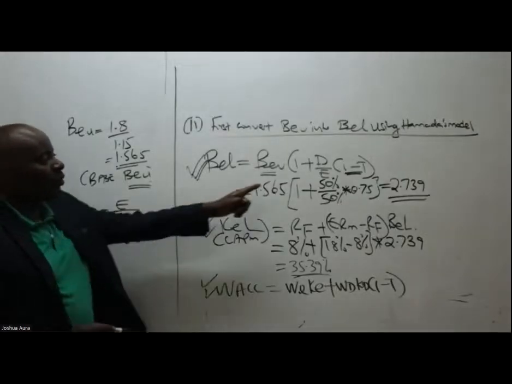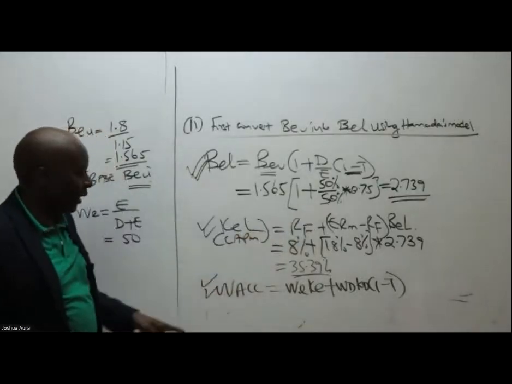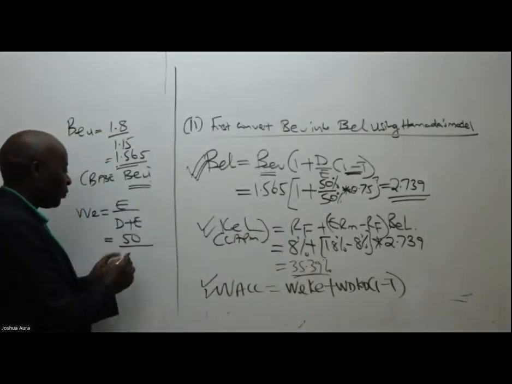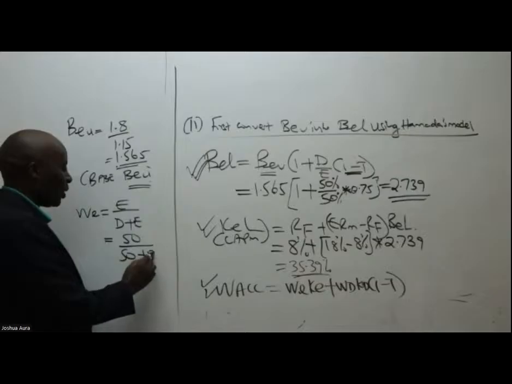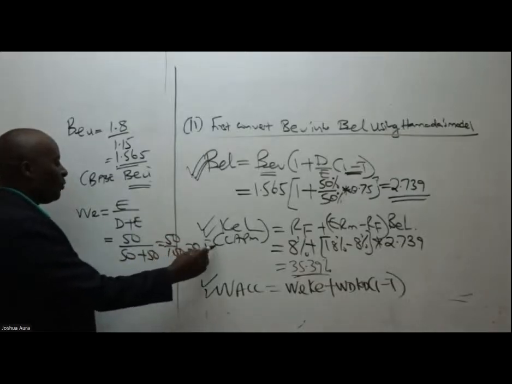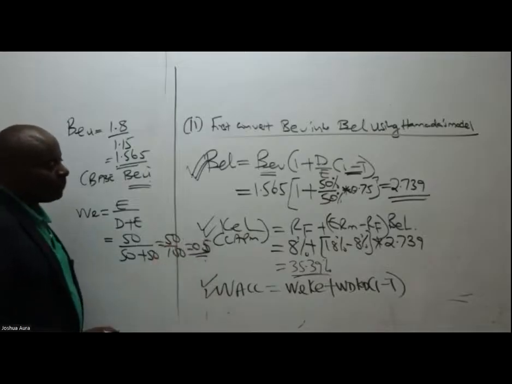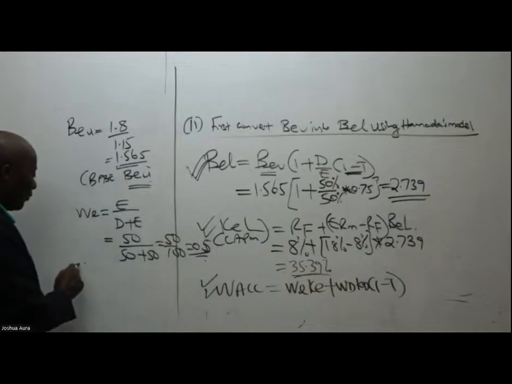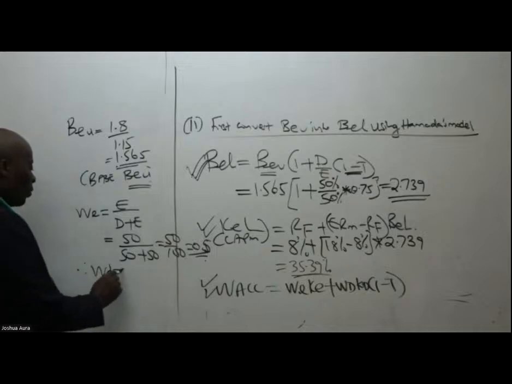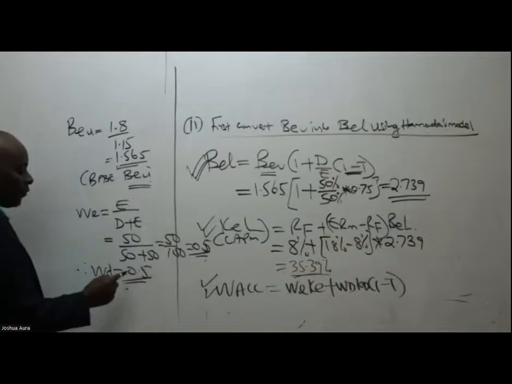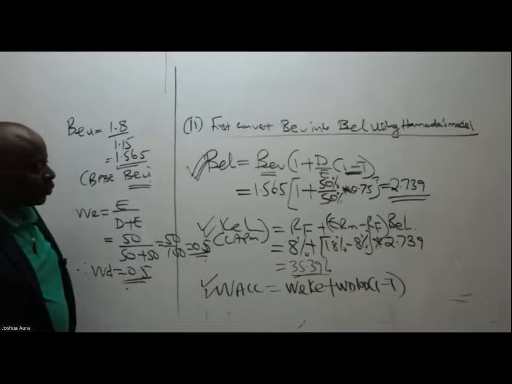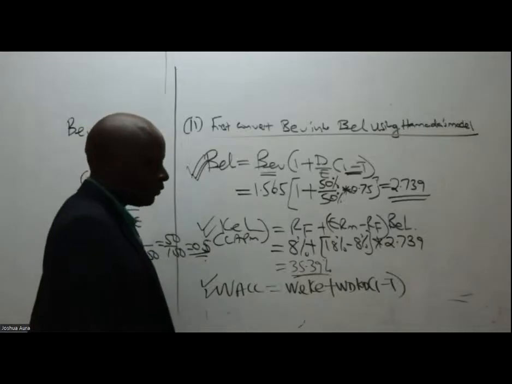It's 50-50. 50 equity, all over debt itself, which is 50, plus equity, which is 50. So this will be 50 over 100, which is 0.5. And then the moment I've gotten weight of equity, therefore, weight of debt will also be 0.5.